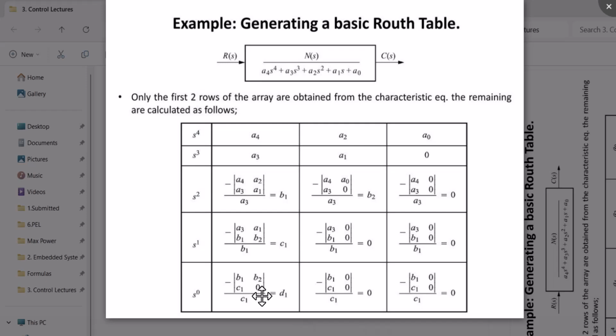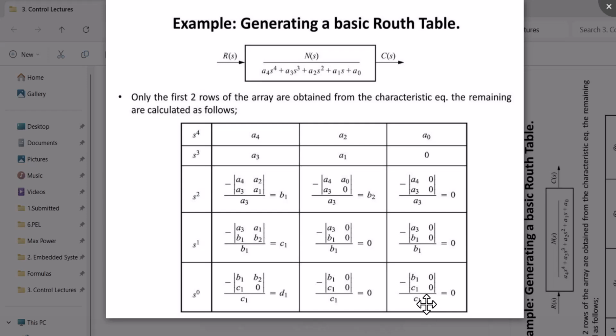And how will we get s0? These coefficients we get from the upper two rows: minus 1 over c1, then the determinant of b1, c1, b2, 0. Similarly here minus 1 over c1, b1, c1, 0, 0, and here minus b1, c1, 0, 0.